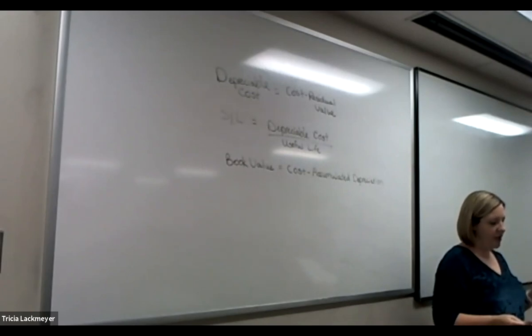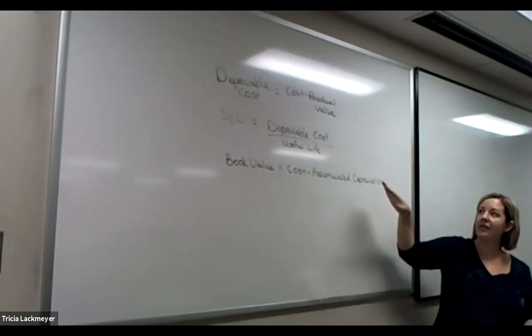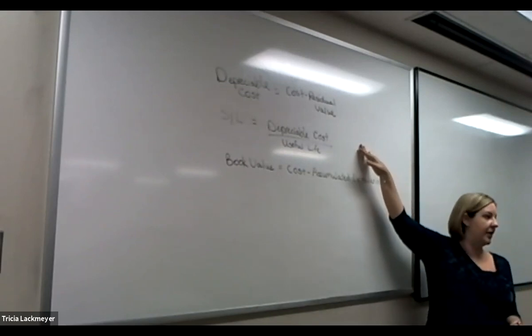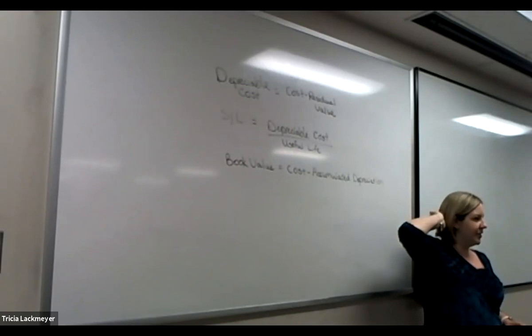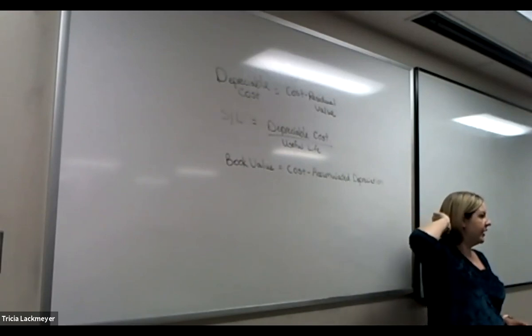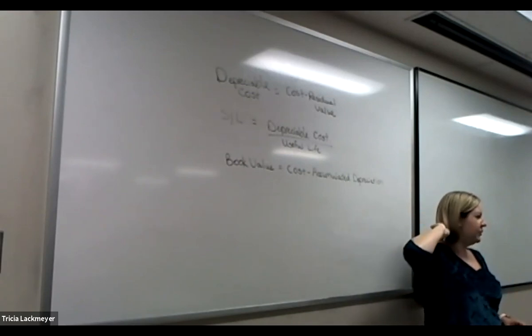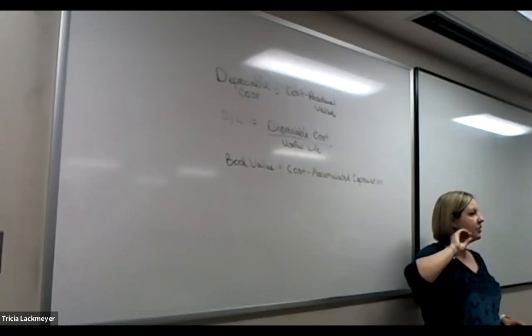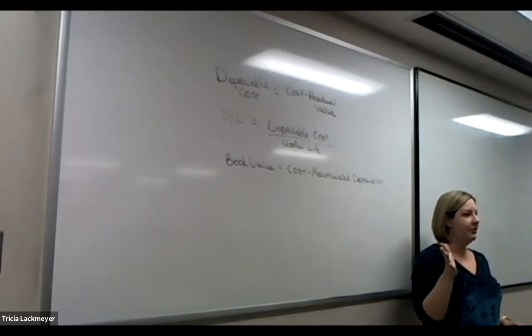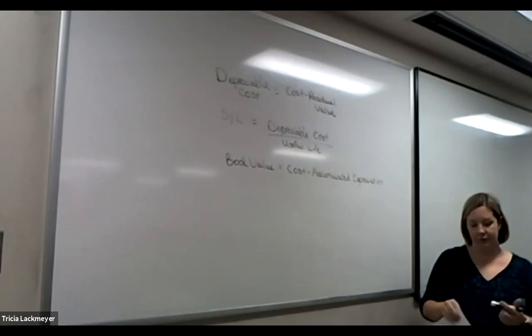One thing you'll see on the test is you'll calculate straight line depreciation. You have your formula, depreciable cost divided by useful life. One thing I thought was a little strange is they'll want to know the straight line rate of depreciation, which we normally only use for double declining balance. But it doesn't matter what you're using it for. Your straight line rate of depreciation is always 100% divided by useful life.